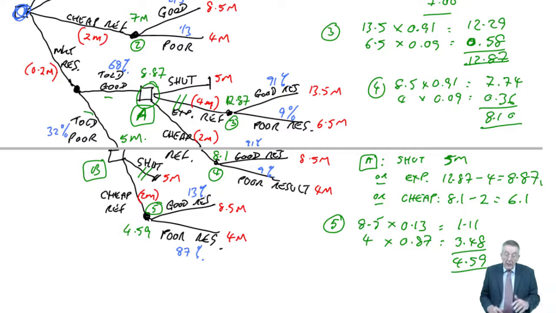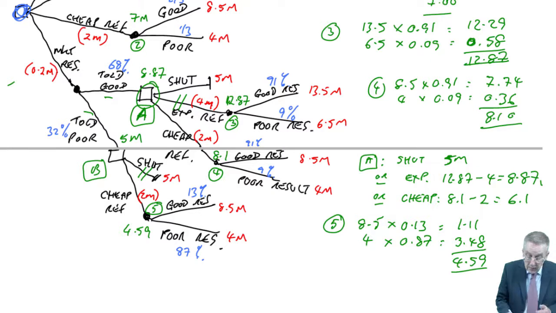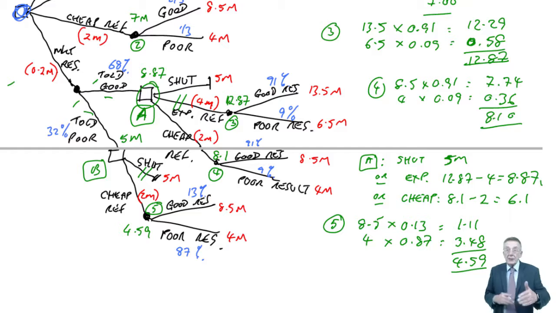Now we're almost there, because if you go back to market research, we pay out 0.2 million, but there's uncertainty. They'll tell us one of two things, but we now know what each of those two results is worth. I'm running out of space.